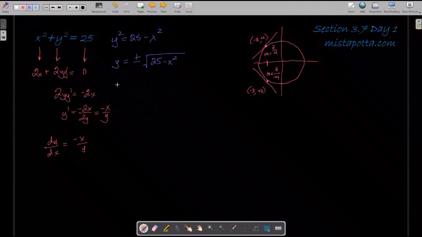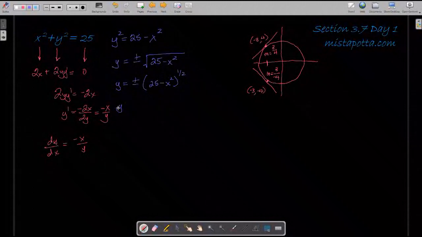And then I would be ready to take the derivative, because my function is really plus or minus 25 minus x squared to the 1/2 power.